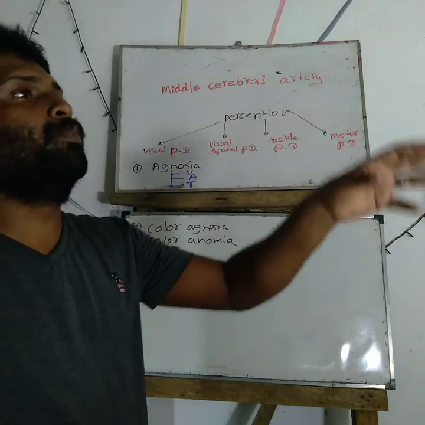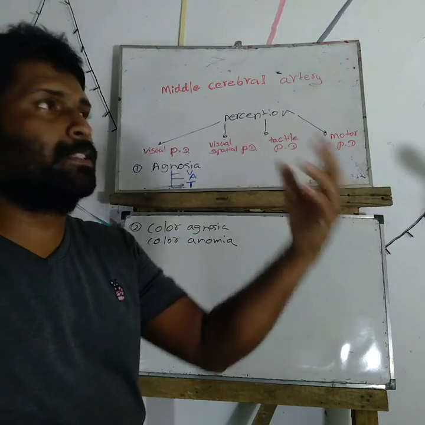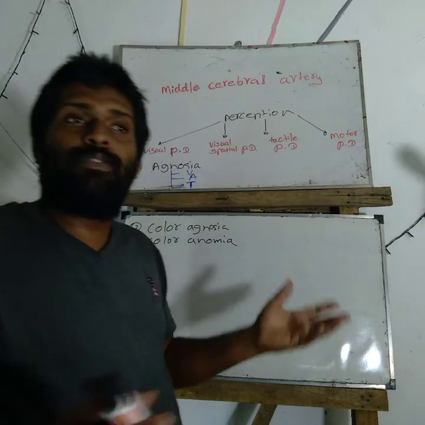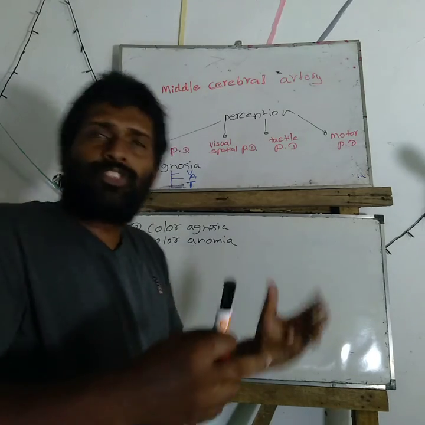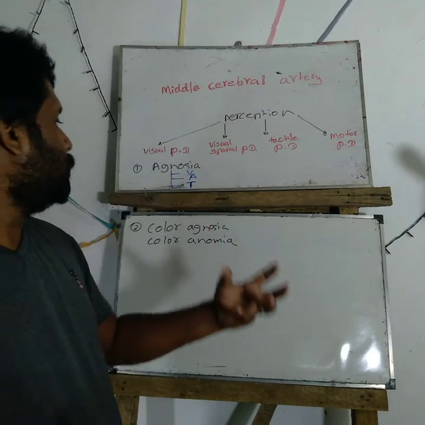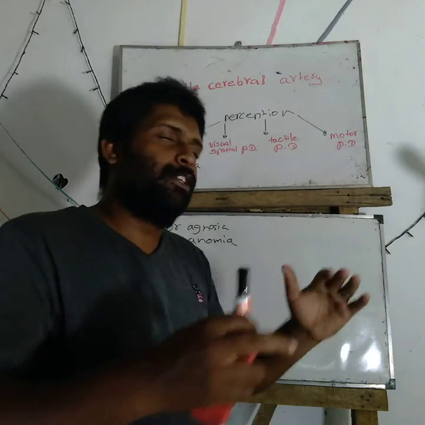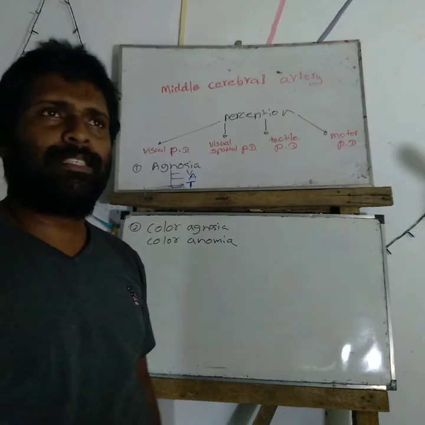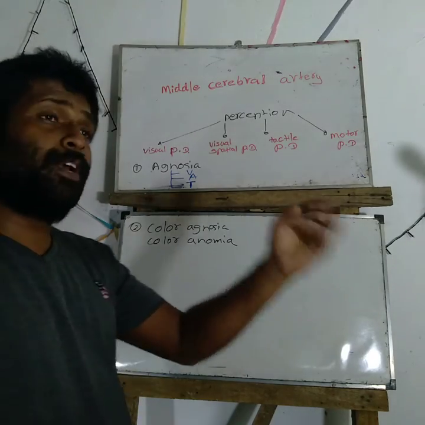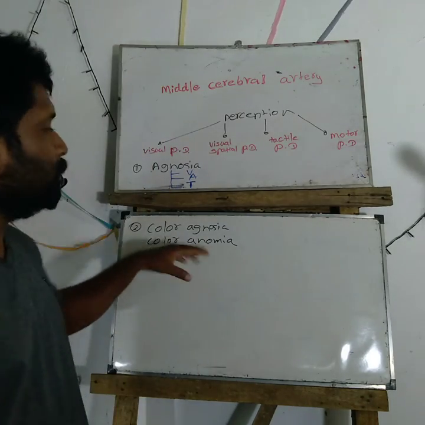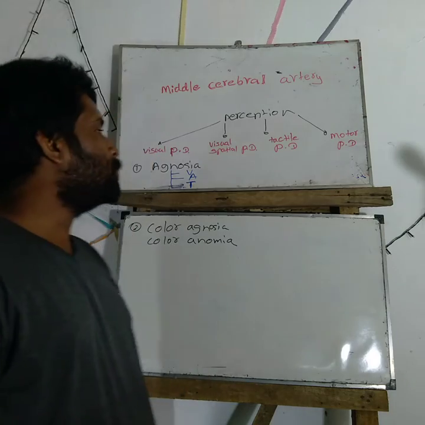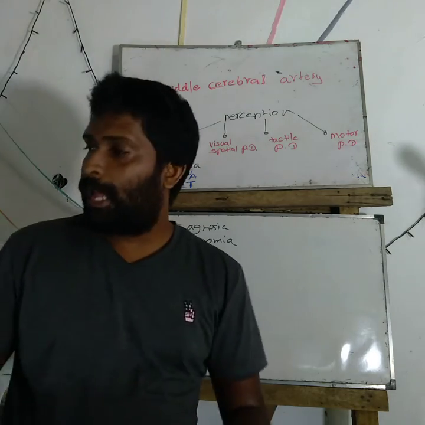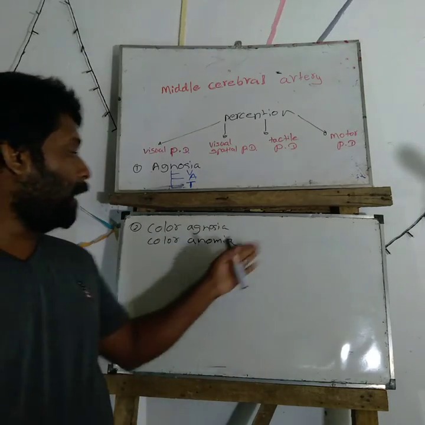He can't identify what color is this, what color is this. He is always traveling, and a stressful situation comes to his brain, and personality also. The color agnosia is can't identify the color, can't name the color. That's the most important point about agnosia, color and anomia.